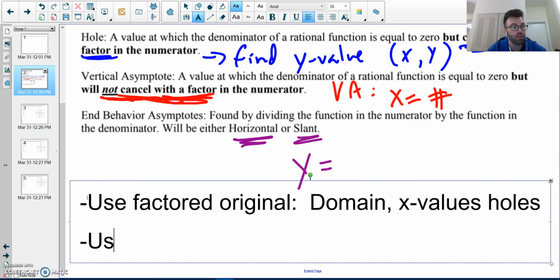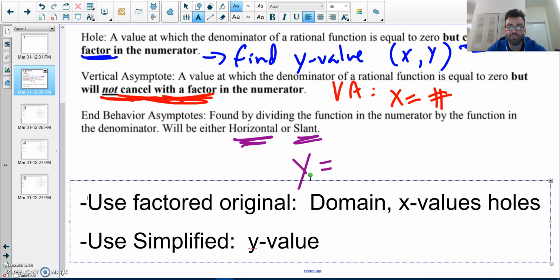Once I simplify my rational function, cancel out my holes, cross out my holes, my simplified version will help me find the y value of my holes.